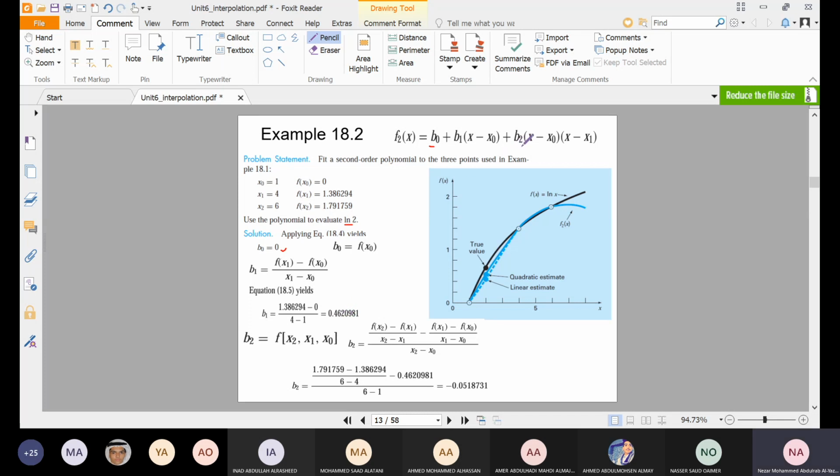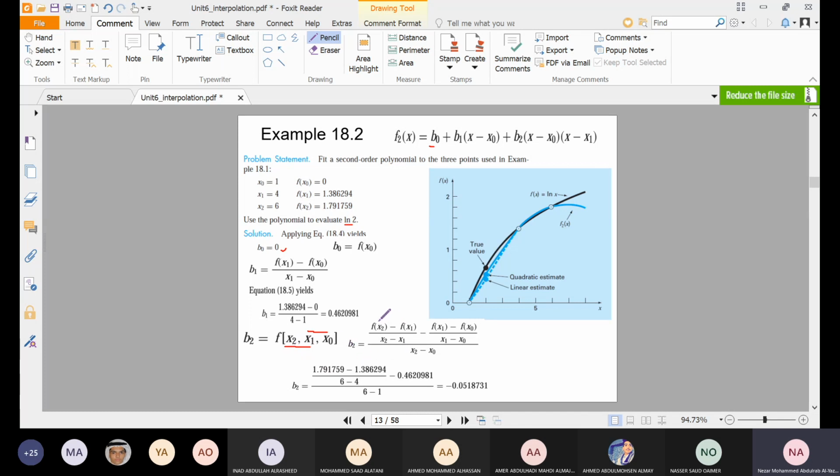After that, we need to compute b2. b2 is the second divided difference, so we take 3 points, f of x2, x1, x0. In this case, I take the first divided difference between the first 2 points minus the first divided difference between the second 2 points, over the interval x2 minus x0.